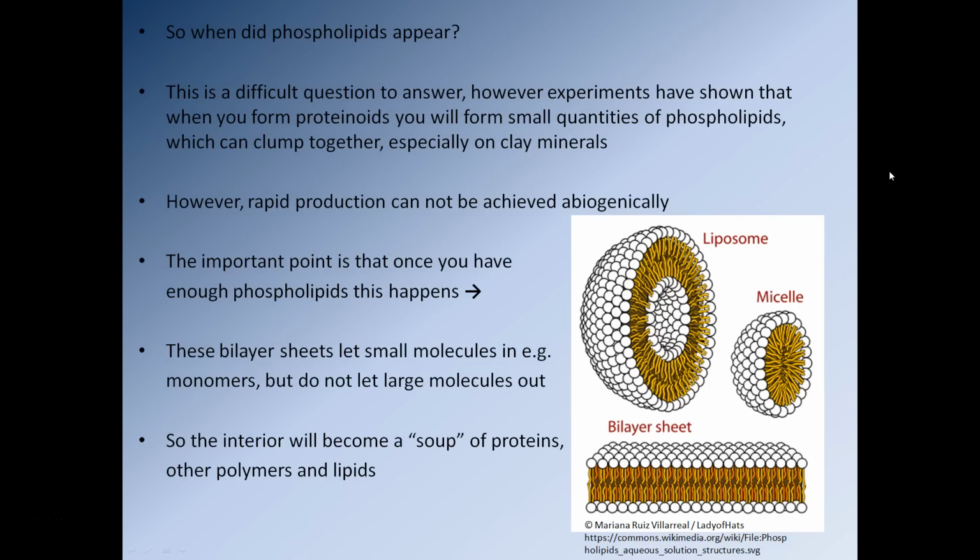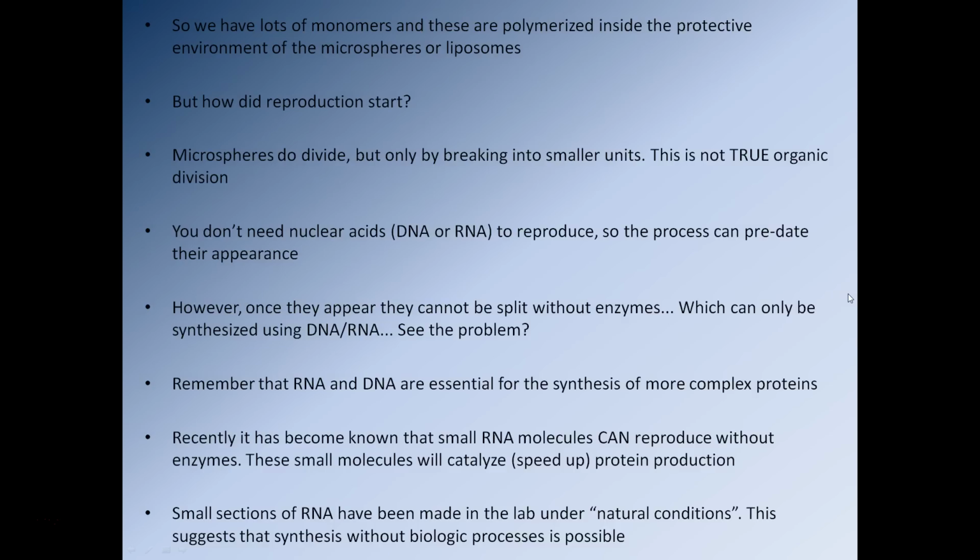Now, at this point, we are moving very, very close to having what we would consider to be a very simple cell. So we have the membrane, the protected layer, and we have the interior, within which we have lots of reactions taking place, producing lots and lots of proteins and other molecules. So, okay.